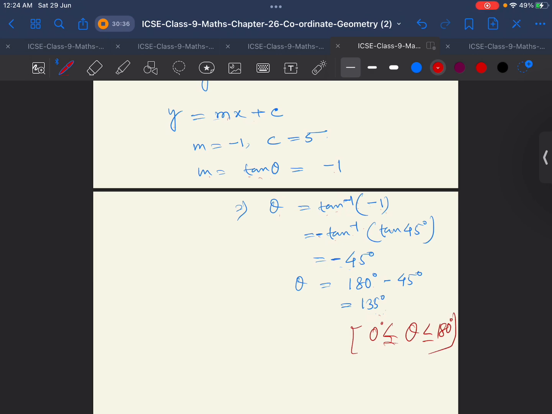So here we can write 180 minus 45 degrees. So the inclination theta is 135 degrees.